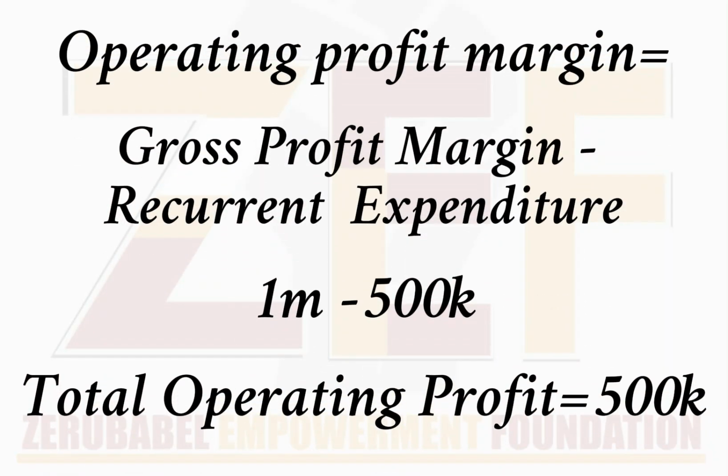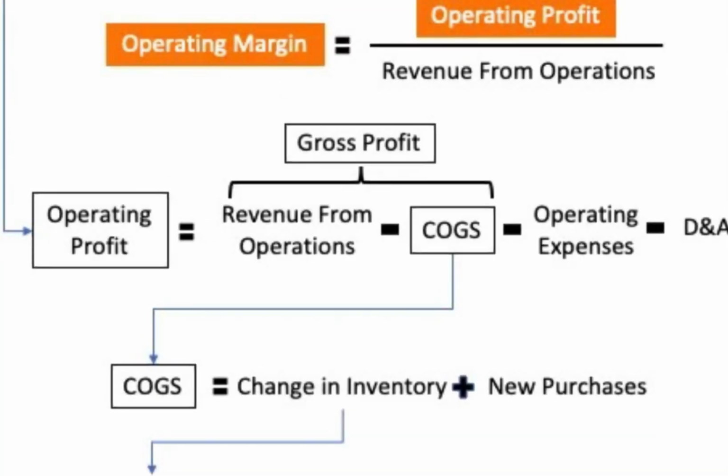For example, as stated earlier, if your gross profit margin is 1 million naira and your recurrent expenditure like payment of staff is 500,000 naira, the remaining amount is 500,000 naira. That is, the operating profit margin is 500,000 naira.